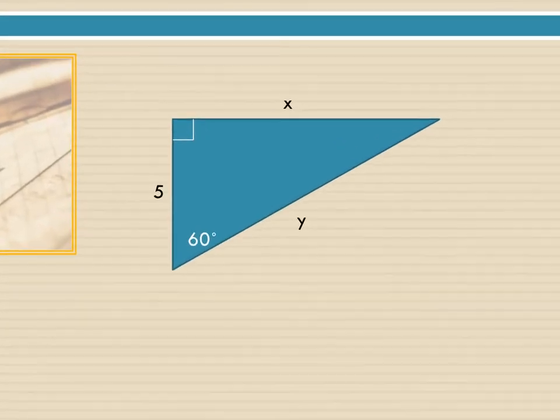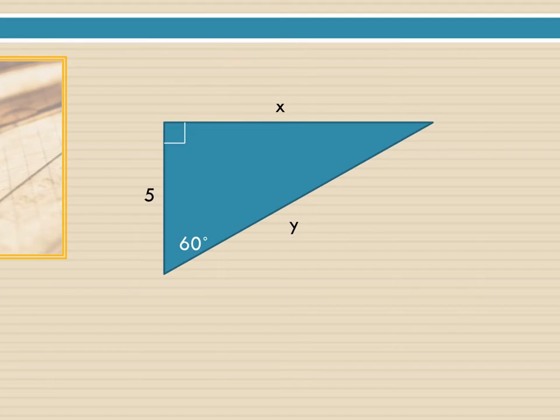All right, so here is our first example. The missing angle, how much is it going to be? 30. Good. So I'll put a 30 up here. Now, the side that's across from the 30, what letter did we say that was? A. Good. The side that's across from the 60, what is that going to be? A root 3. Good.